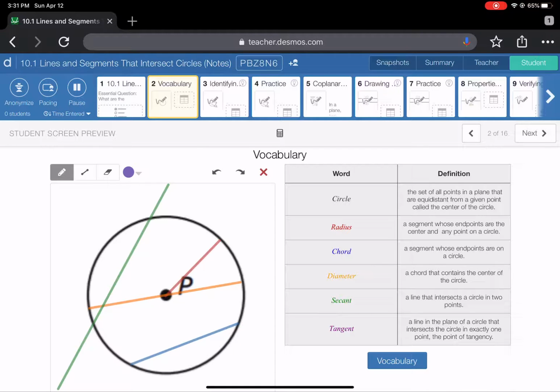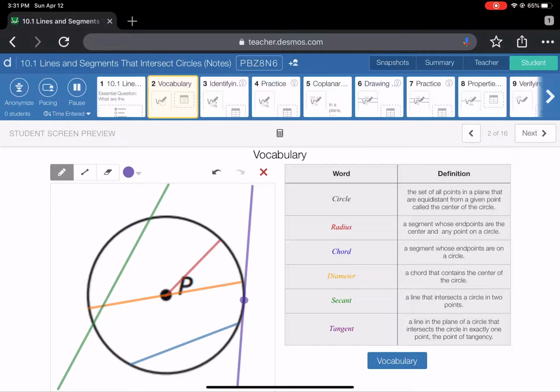You can literally draw it from any point, but the line has to only touch the circle once. So here is an example of a tangent, because this line only touches the circle at that 1 point right there. That's the point of tangency.